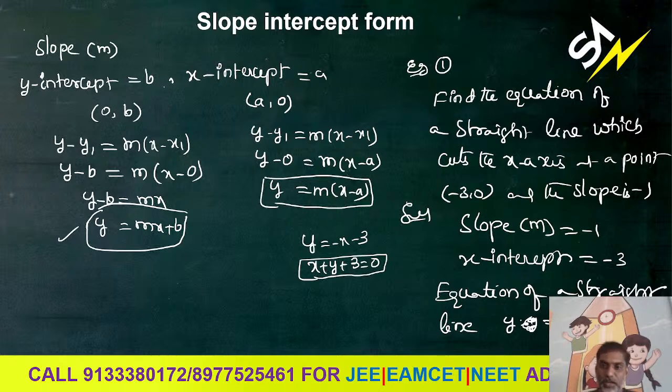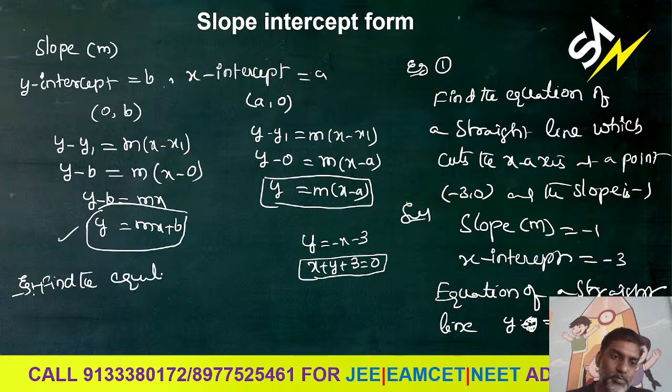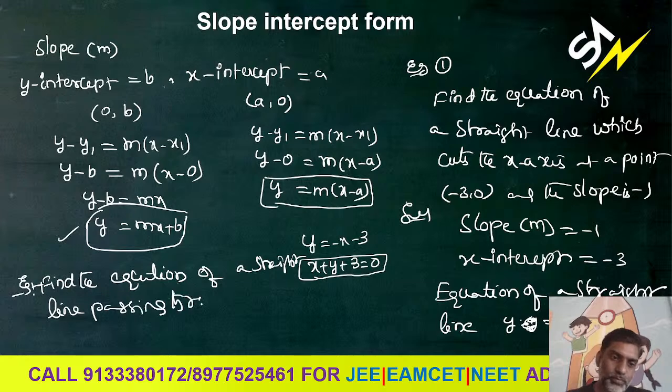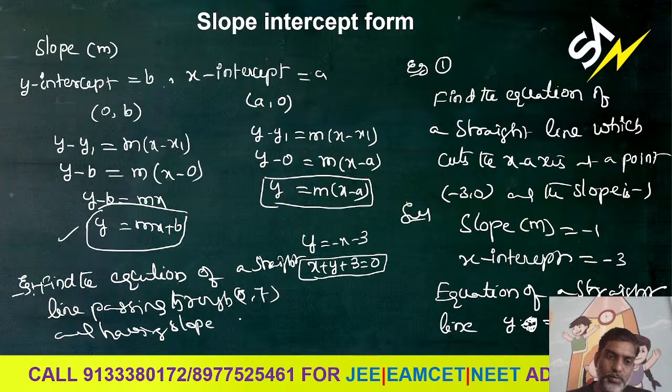Okay. Next, example number 2. Find the equation of a straight line passing through 0 comma 7 and having slope minus 2.